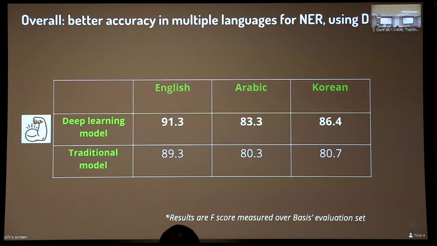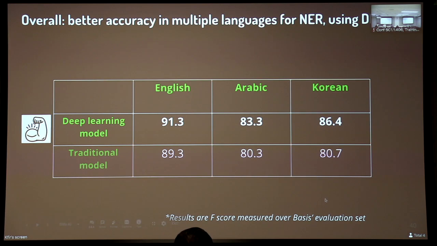Now the results I want to show here. We compared a deep learning model that we trained, like I showed you here, with a few more tweaks, a few more things that we tried, against our traditional model that we've been using for many years at Basis, before I joined Basis, and our clients use the same model.